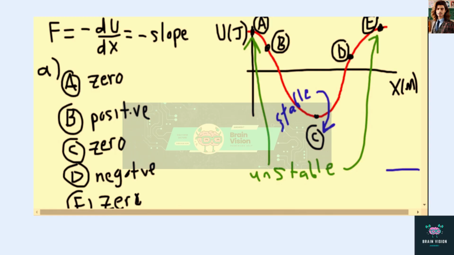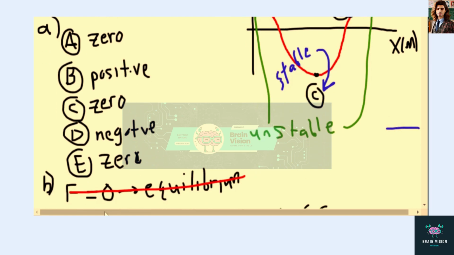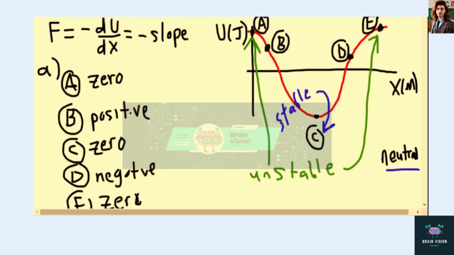Stable equilibrium is when potential energy is a minimum, and that's obviously at C. Neutral equilibrium would be a horizontal line, a period that is horizontal for a little distance. I don't see any of that in this graph, so nothing is labeled as neutral.